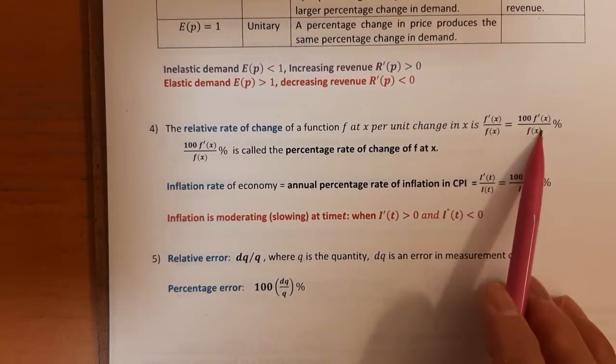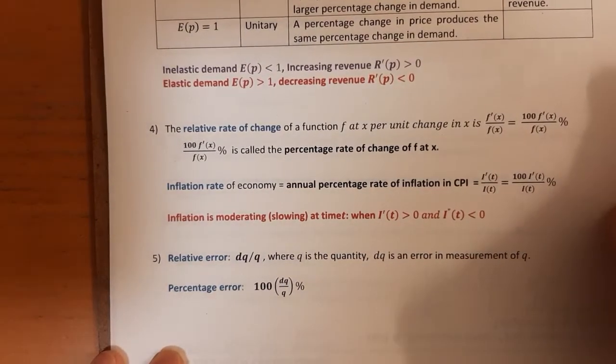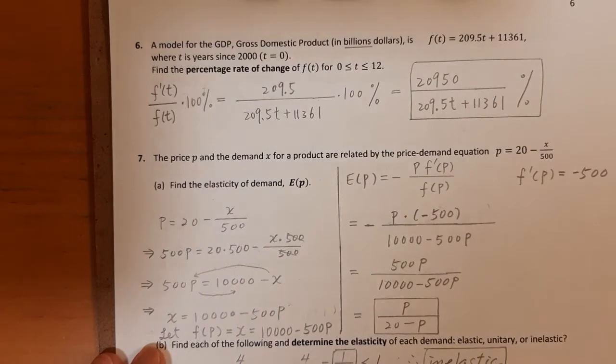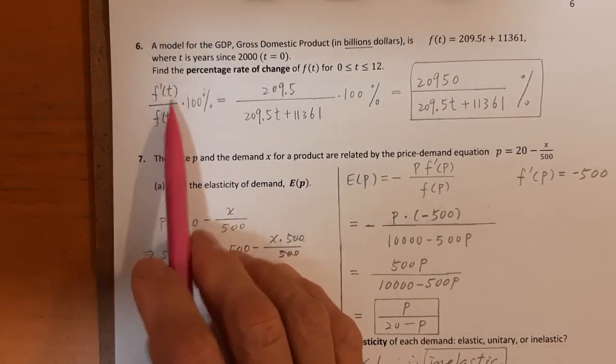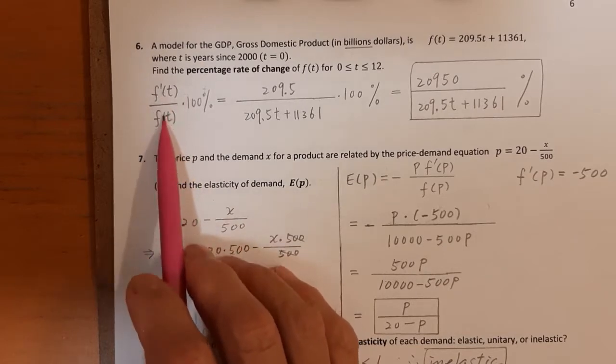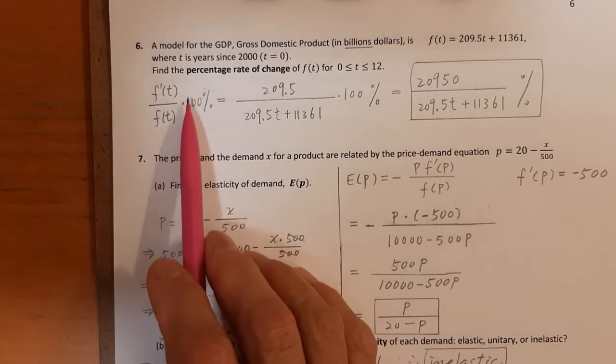But actually, they are equal. So for this question, the percentage rate of change is f prime of t over f of t, which is the relative rate of change, times 1, where 1 is 100%.